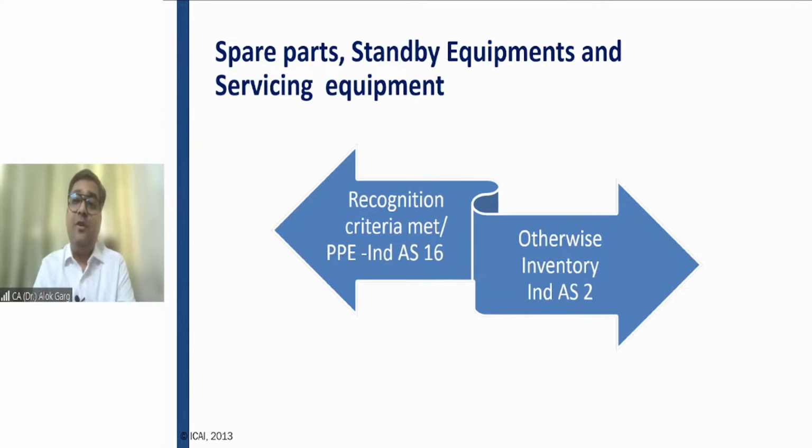If the spare part is held for use in production, the answer is yes, because when the spare part is used in the machinery, it will be used in production. Number three, expected to be used for more than 1 year. If the life of the spare part is only 2 months or 3 months, in that case it is not meeting the definition of PPE.